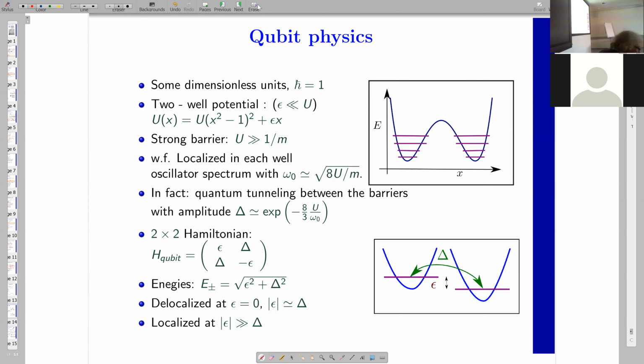Right, so let me make a qubit, and I would do it by choosing a two-well potential, like we also did for the Landau Hamiltonian, and indeed it has the same structure. Two wells.